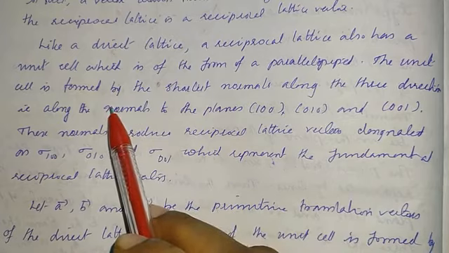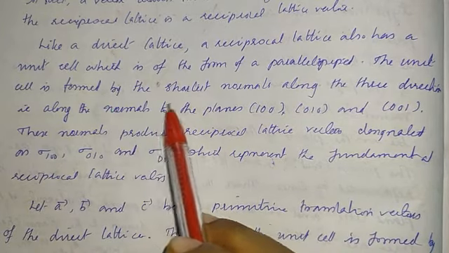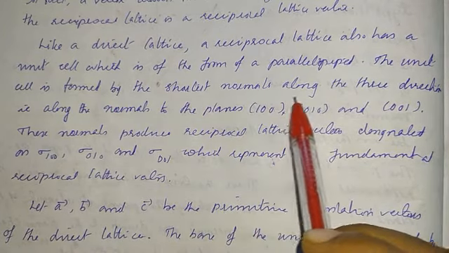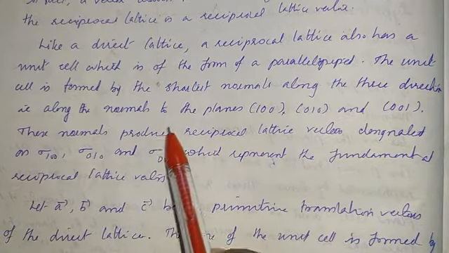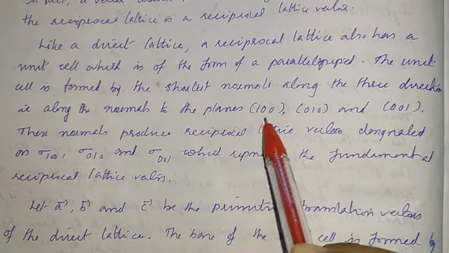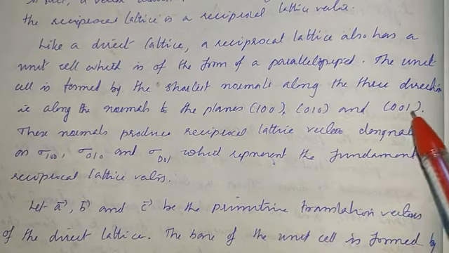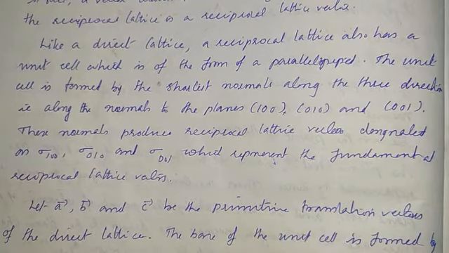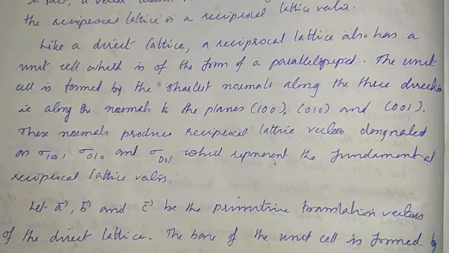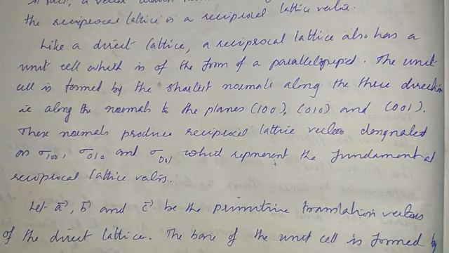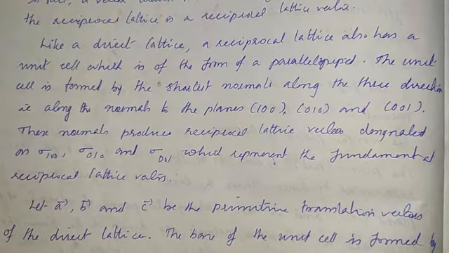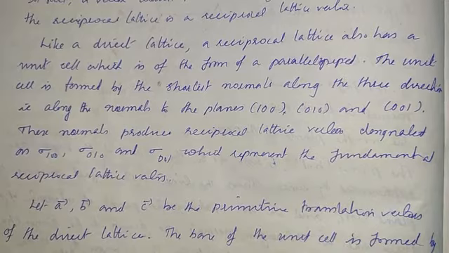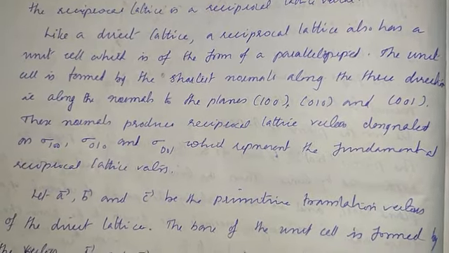The unit cell is formed by the shortest normals along the three directions, that is, along the normals to the planes 1 0 0, 0 1 0 and 0 0 1. So this unit cell definition is just as in the original crystal lattice. This is the smallest cell or the shortest volume cell in the reciprocal lattice.